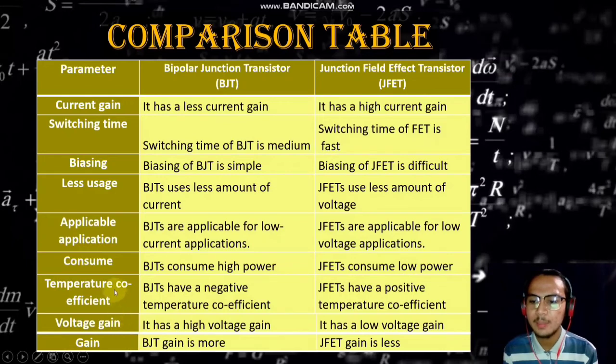Temperature coefficient: BJT has a negative temperature coefficient, while JFET has a positive temperature coefficient. For the voltage gain, BJT has a high voltage gain and JFET has a low voltage gain. For the gain, BJT gain is more while JFET gain is less.